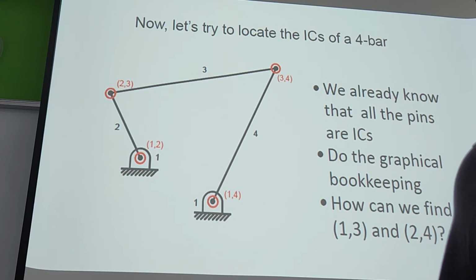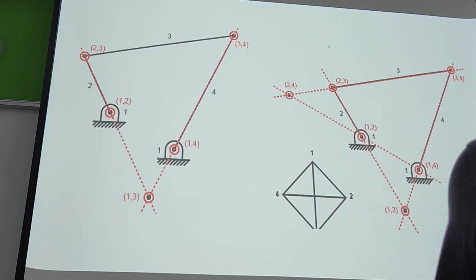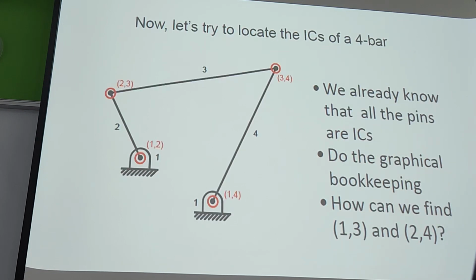So 1-2, 2-3: link 1, link 2, link 3. There will be 3 ICs, but we know only 2. The third IC will be on this line, so we can draw a line connecting 1-2 and 2-3. We draw this dash line. Going back, this is 1-4, 3-4. There will be another IC 1-3 on the line connecting 3-4 and 1-4.